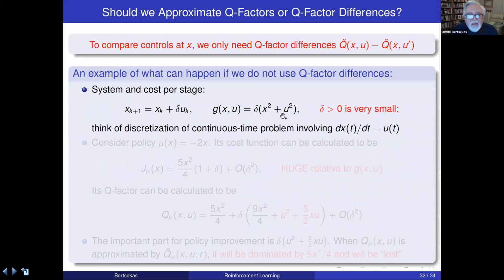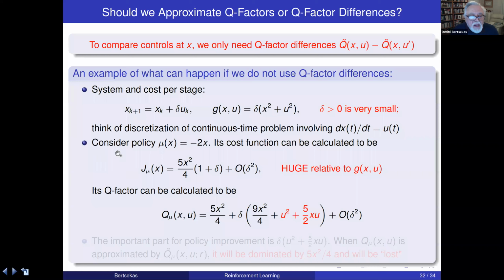So this system is a simple one, but very typical of those that result from discretization of continuous time problems. So now let's consider a policy, mu of x equals minus 2x, a linear policy, like you would expect the optimal policy to be linear for this problem. And this is a nice stable policy, because delta is small. So it's stable.